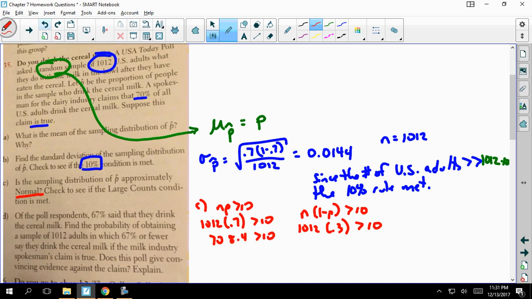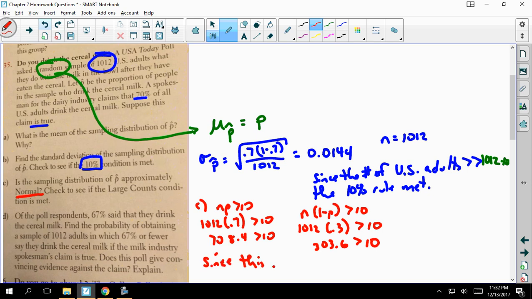Well, in this case, 1,012 times 0.7 is 708.4. Yeah, that's bigger than 10. And 1,012 times 0.3 is 303.6. Yeah, of course, that's bigger than 10. Sometimes we refer to this as 10 successes and 10 failures.